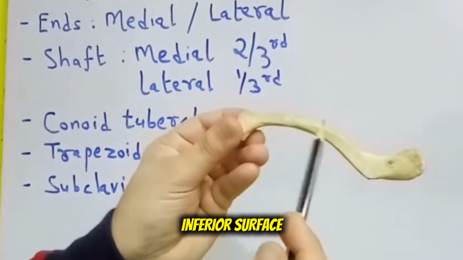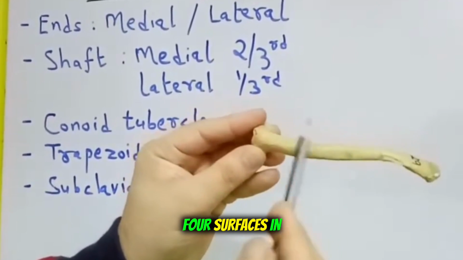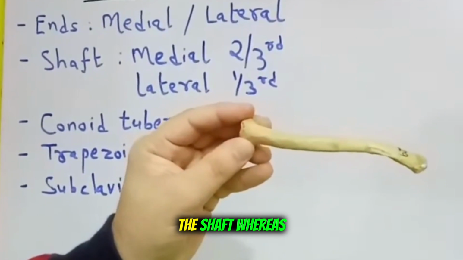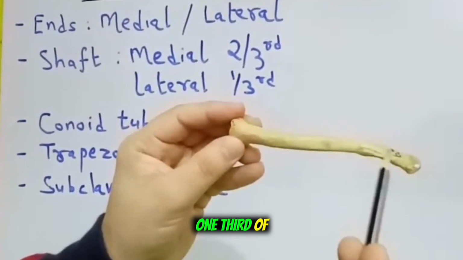And there is an inferior surface. So there are four surfaces in the medial 2/3 of the shaft.